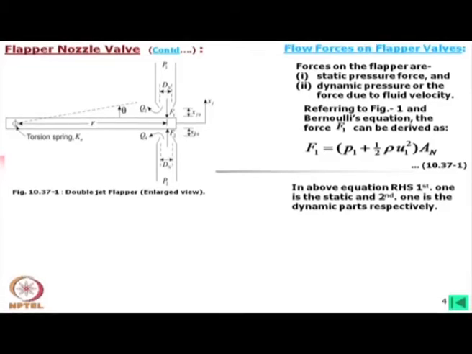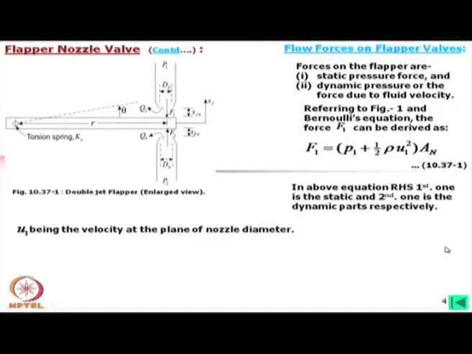In the above equation, on the right hand side, the first one is the static part and the second one is the dynamic part. So, P1 An is the static force and half An rho u1 square is the dynamic force.